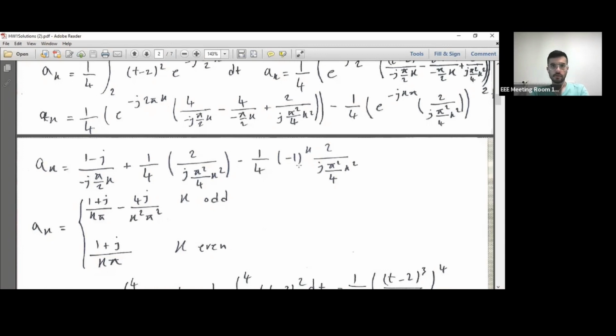Since we have minus 1 to the power of k, we can divide into two sections. When k is odd, when k is even. Therefore, we can simplify this equation.